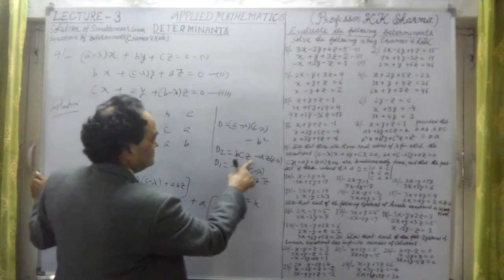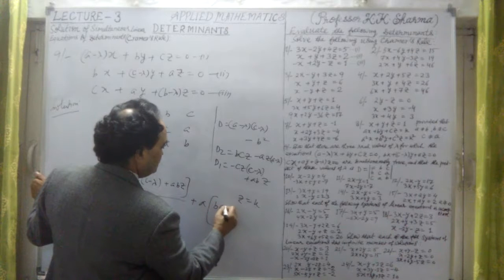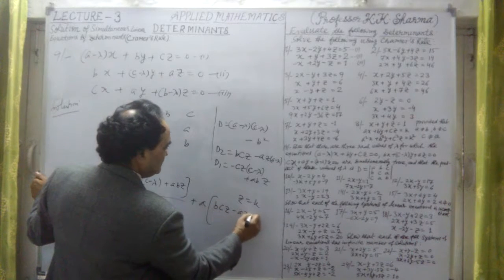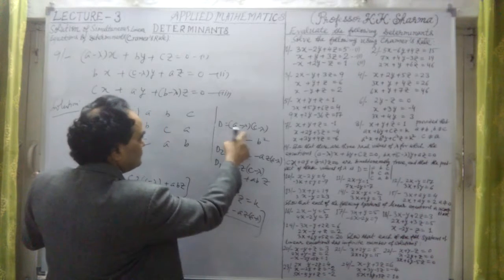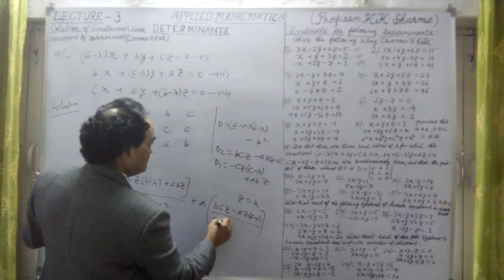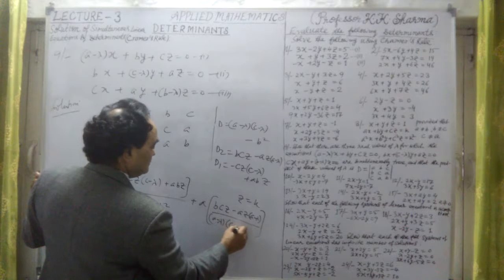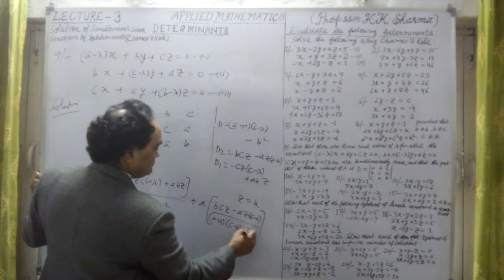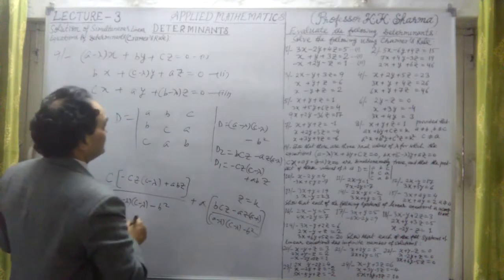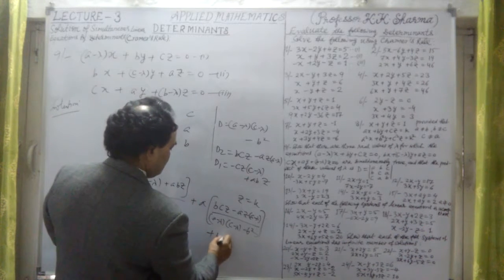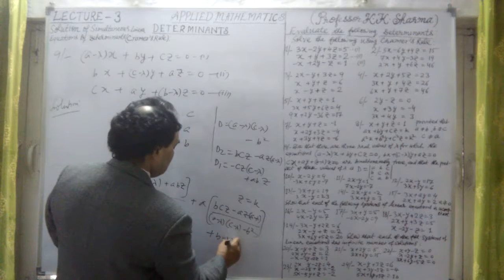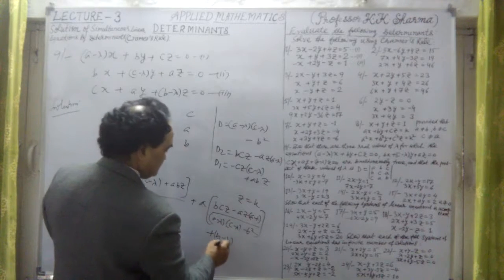Now y is D2, bcz minus az into a minus lambda, divided by D, which is a minus lambda into c minus lambda minus b square. Okay, plus b minus lambda into z.